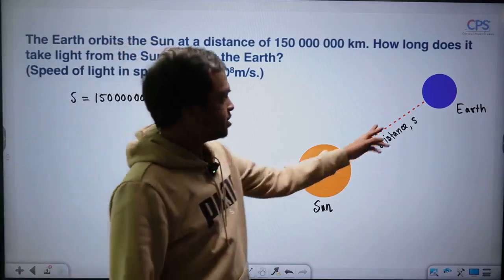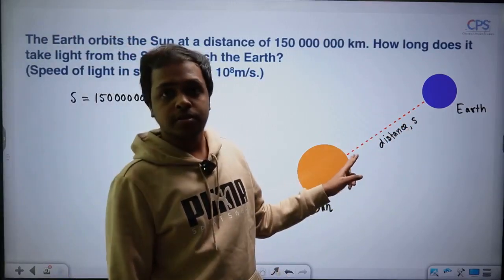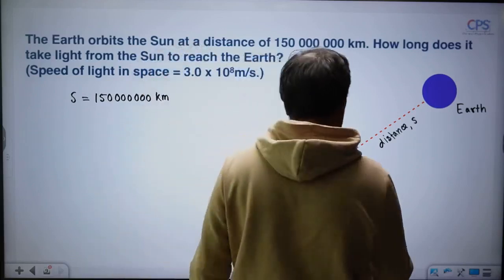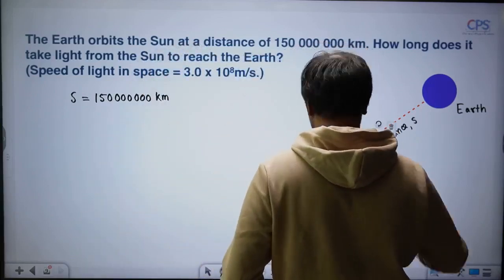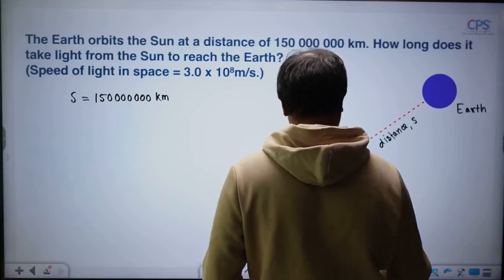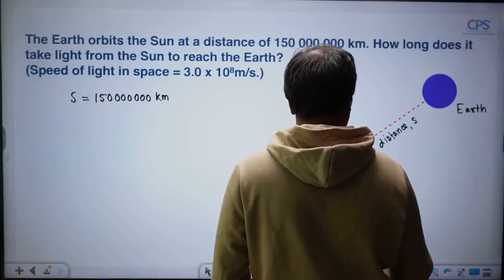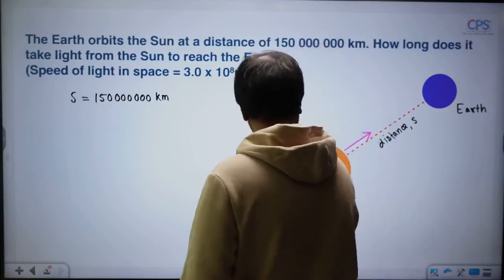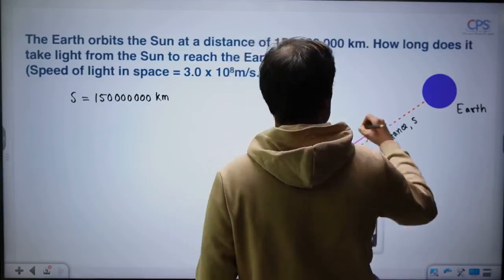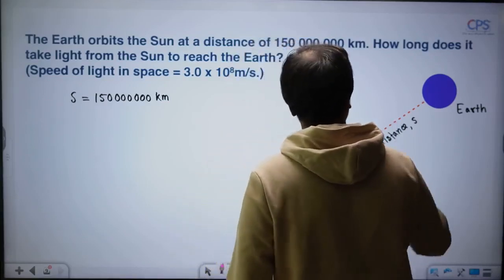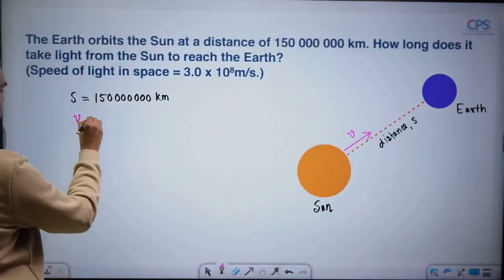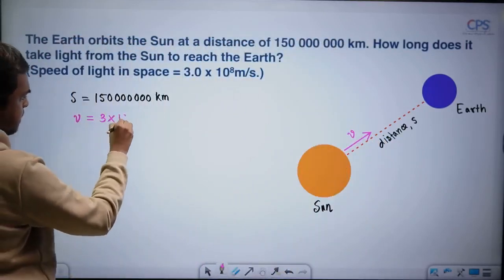And the speed of light, you have also got to know the speed of light, right? Let's draw it with this pink arrow, the velocity or the speed. The speed of light in space is 3 into 10 to the power 8 meter per second.